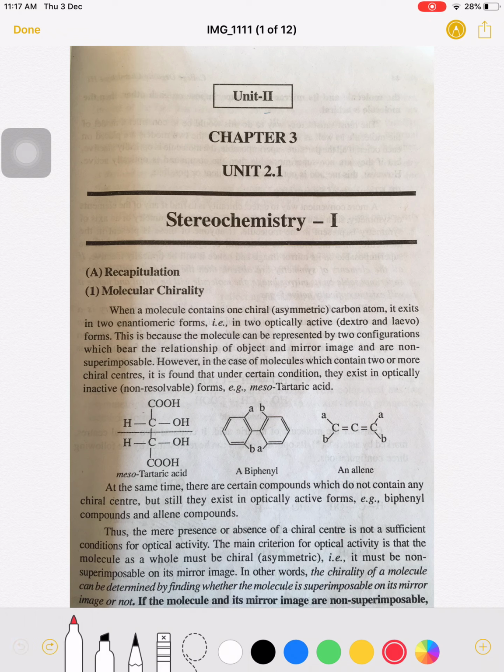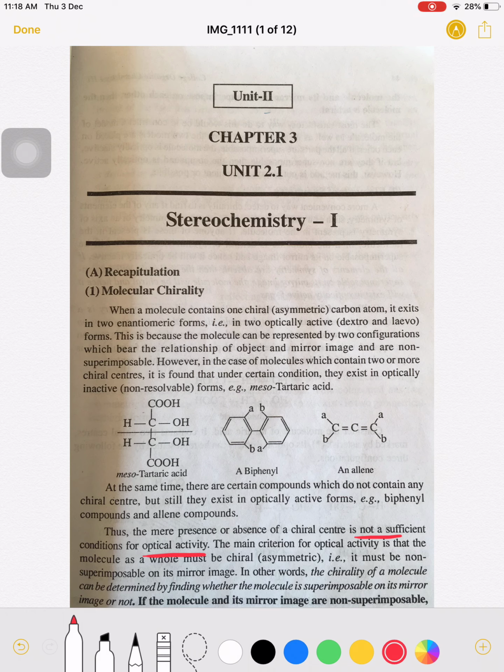Initially we know that to show optical activity, the molecule should have a chiral center. But if you see these examples, there are molecules which have chiral centers but are optically inactive. There are certain molecules which do not have any chiral center, but are optically active. If you comparatively study these two examples, then we come to know that the presence or absence of chiral center is not a sufficient condition to show optical activity.